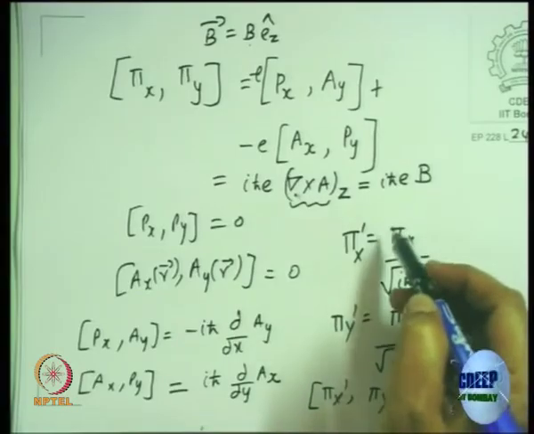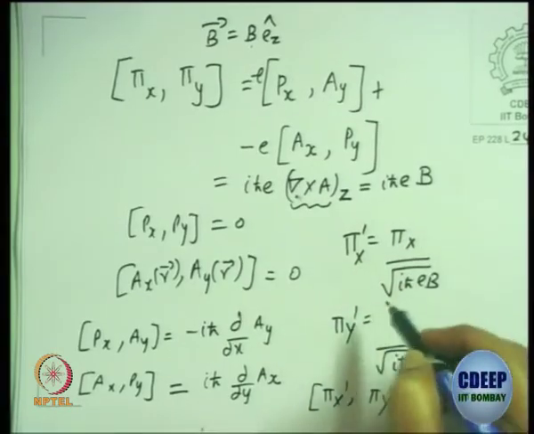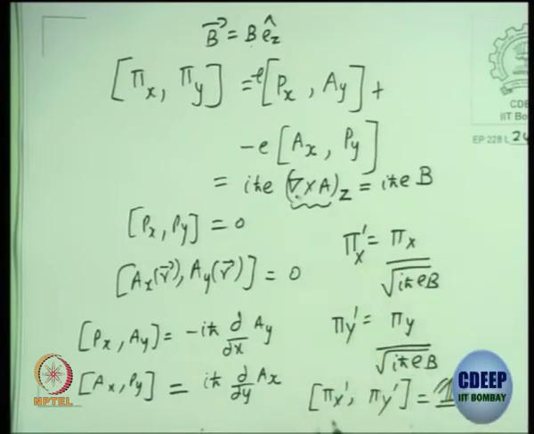You can normalize πx by this normalization so that you can make [πx', πy'] to be identity.